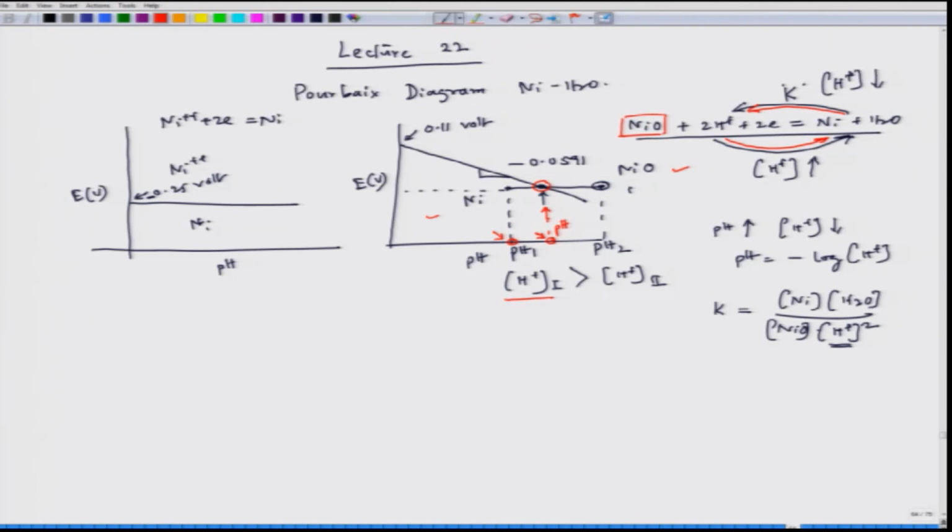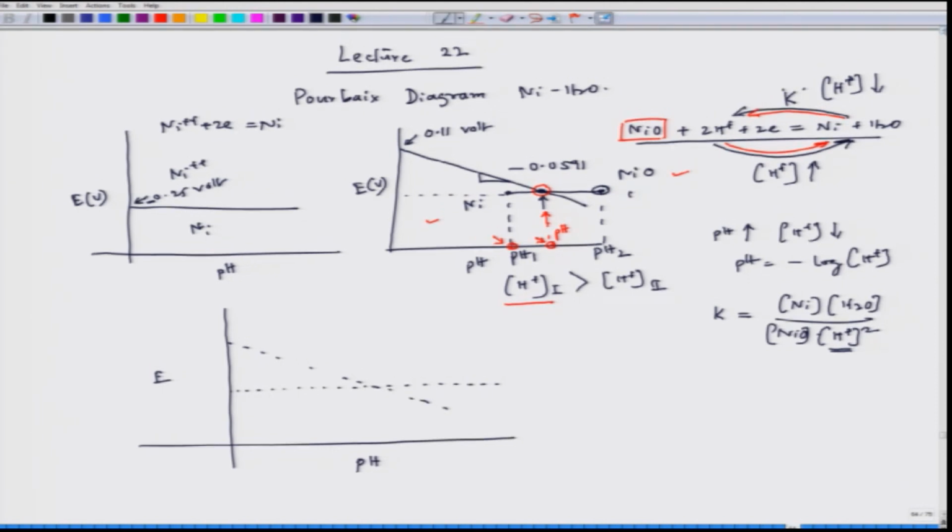Now, can we combine these two? So, definitely we can combine. Now, once we combine, let us see what situation is arising. So, this is E, this is pH. So, first draw a dotted line and then we have this. So, now we can have two different colors.